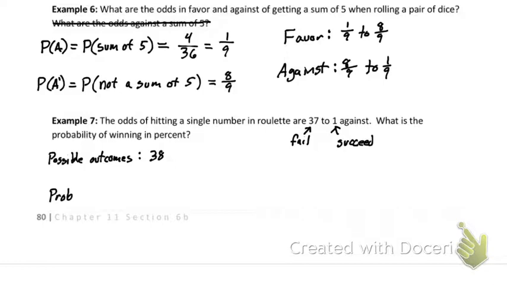So my probability, P of getting our number, is actually going to be 1 success out of 38 possible outcomes. If you plug that in your calculator, it comes out to about 0.026, which would equal 2.6%.